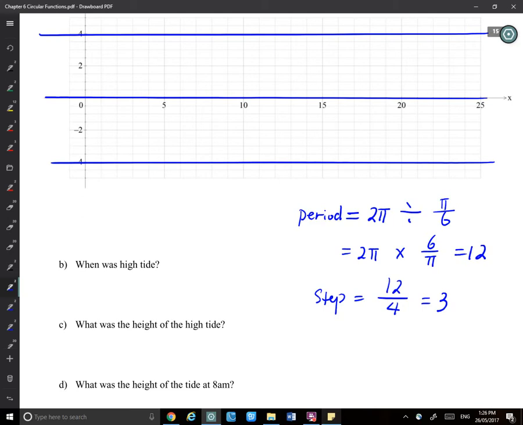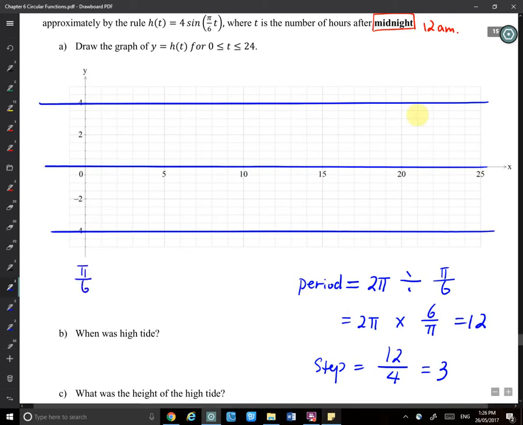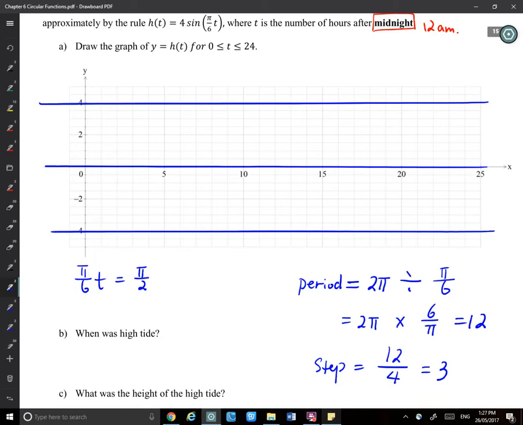I'm using my way of sketching. I want to find a starting point. To find the start point, always use pi over 6 t equals pi over 2, because I want sine of pi over 2 equals 1. I want the bracket to become the largest number.